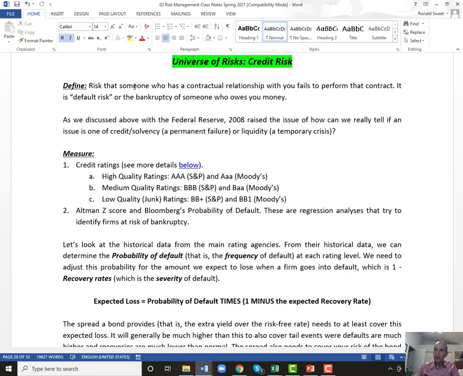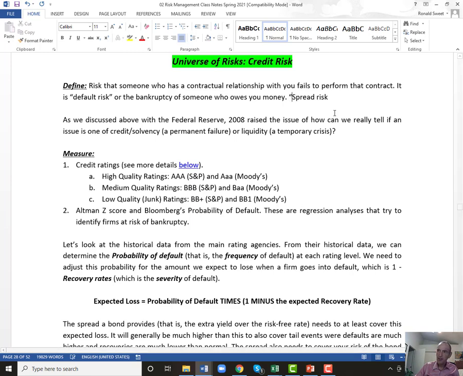We're going to broaden it a little bit and add in the concept that there's also spread risk. So what's the difference between credit risk and spread risk? Spread risk is part of credit risk, but default risk is the risk that someone actually doesn't pay you. They actually miss a payment. Spread risk is a little bit different.